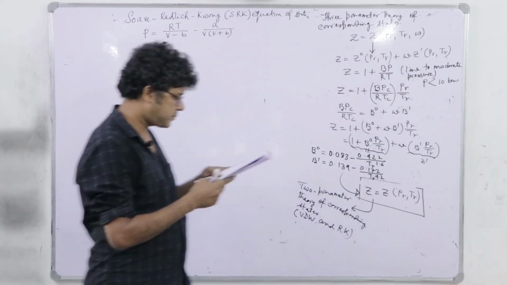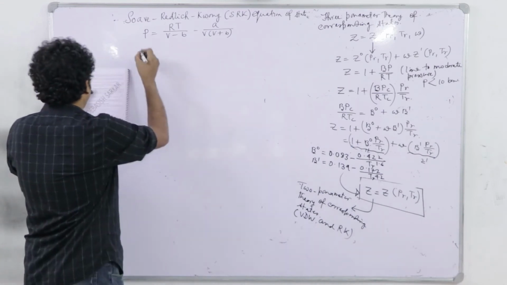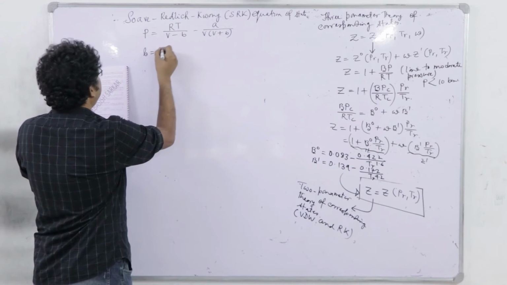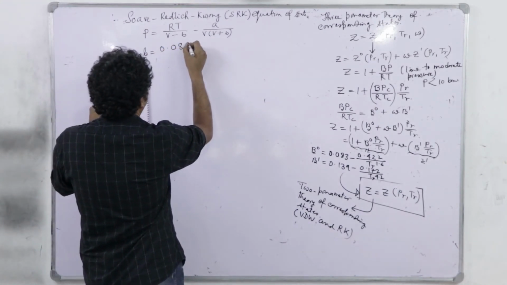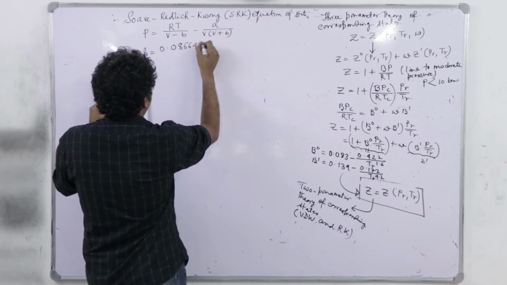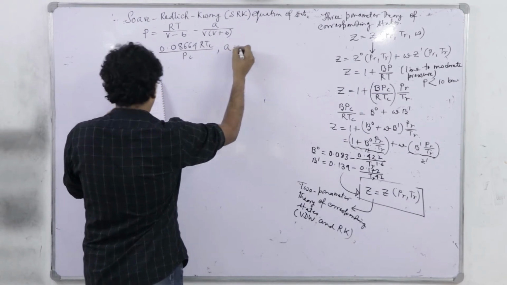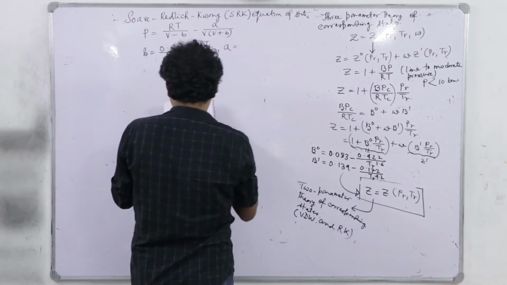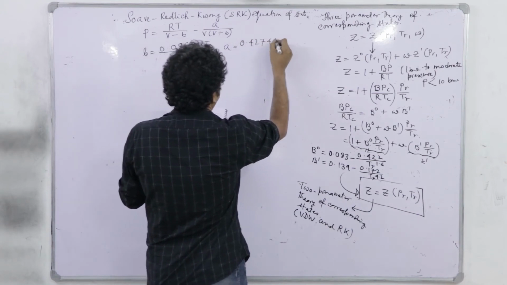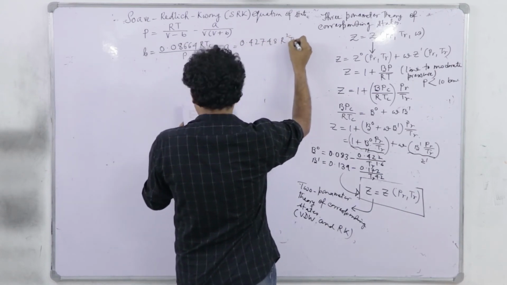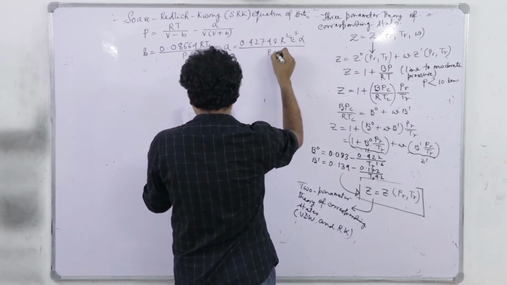You do not have to remember this exact form, I am just writing: B is the same as that of Redlich-Kwong, 0.08664 RTc by Pc, and A is equal to 0.42748 R square Tc square alpha, the new parameter, divided by Pc.